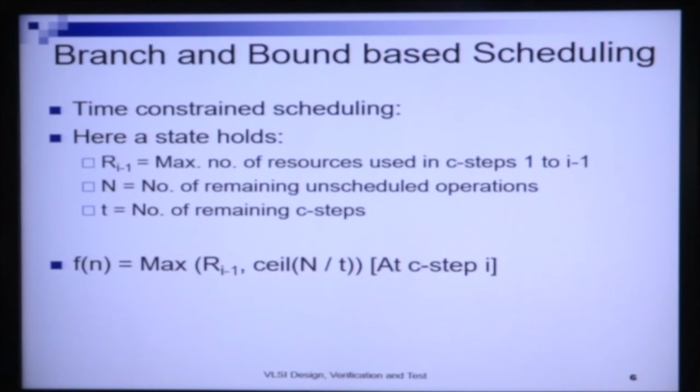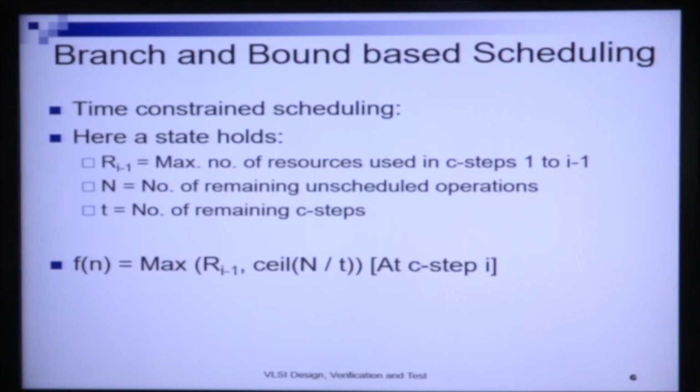Our choices will be allocating each operation to a distinct resource. I may allocate an operation to a resource, I may not allocate an operation to a resource. And although the other things we discussed for the branch and bound remain the same, that if all my operations at a particular time step get exhausted, I need to increment time to get back any resource that I have. So at any point in time, this branch and bound here will keep an account of the maximum number of resources that has been used in steps 1 through i minus 1. Why?